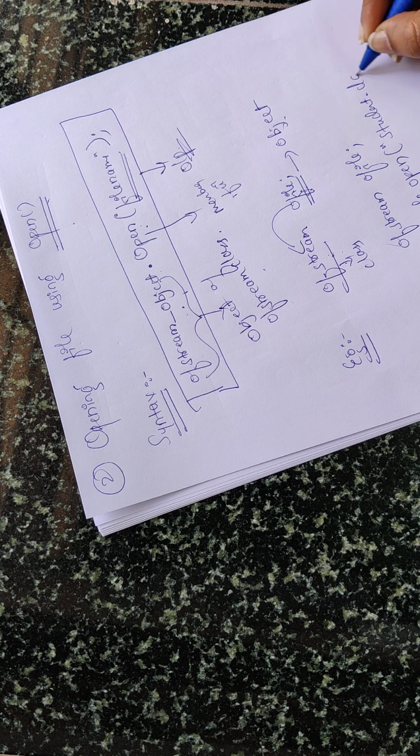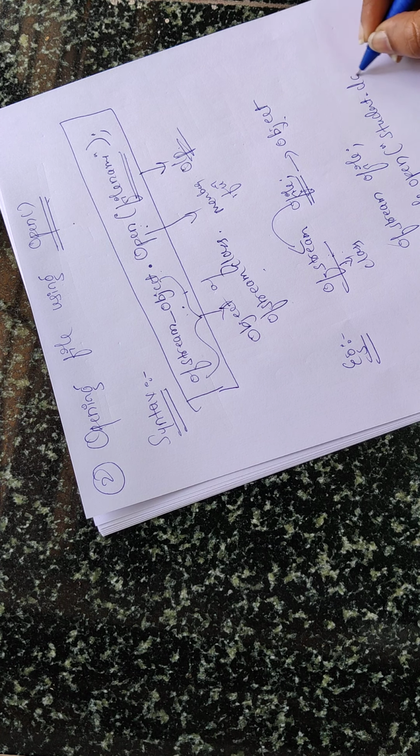So just understand, whether you are opening a file using your open function or using your constructor, when you are opening your file for input purpose you have to use your ifstream class object, and when you are opening your file for only output purpose, then you have to use the object of your ofstream class.